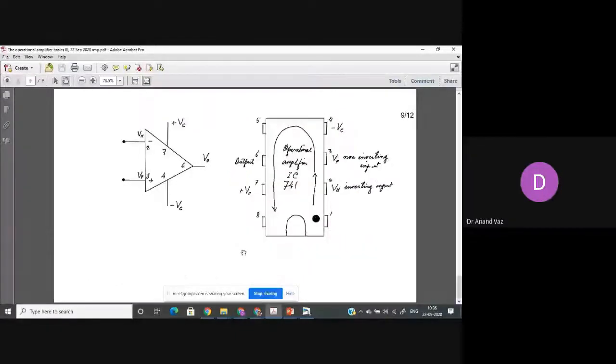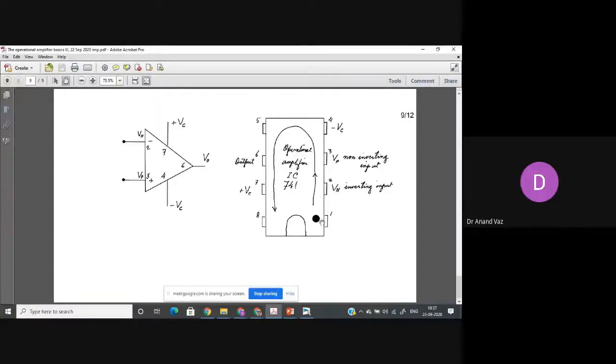Then we also tried to understand the operational amplifier as a physical device, how it appears as an IC. Popularly, the most simple general purpose operational amplifier is the IC 741. We also saw its pin numbering system. So we had pin numbering going counterclockwise, starting from this notch here.